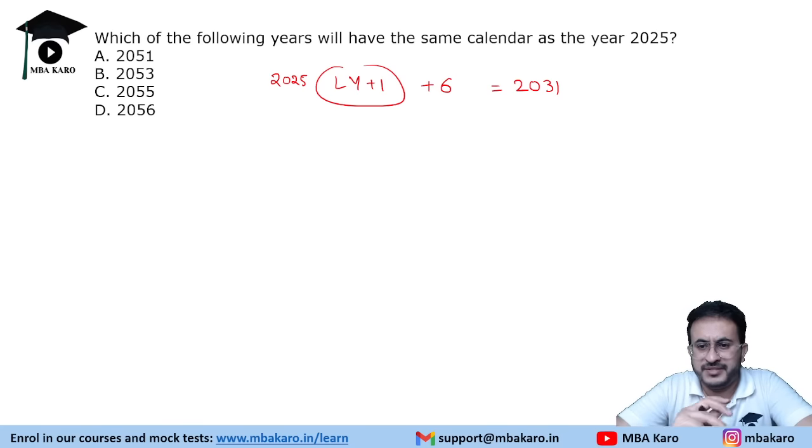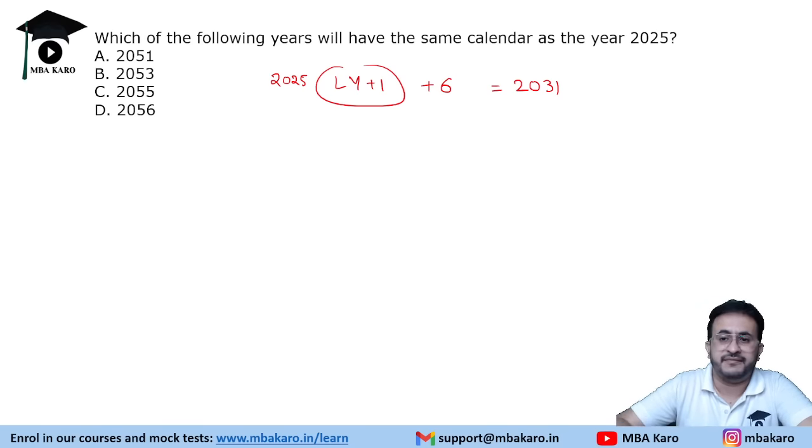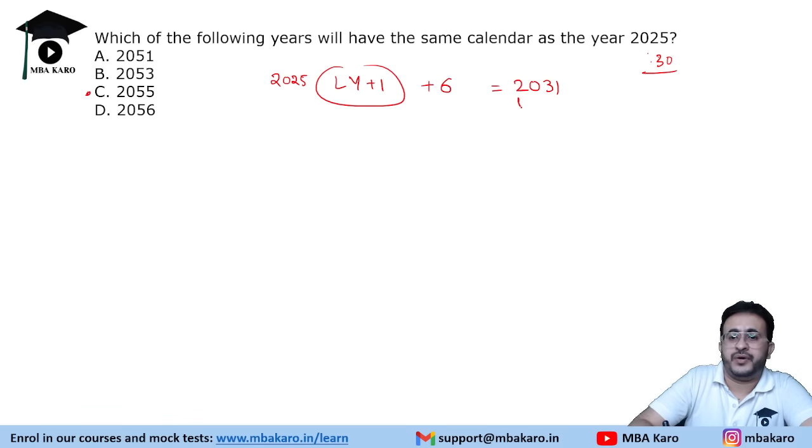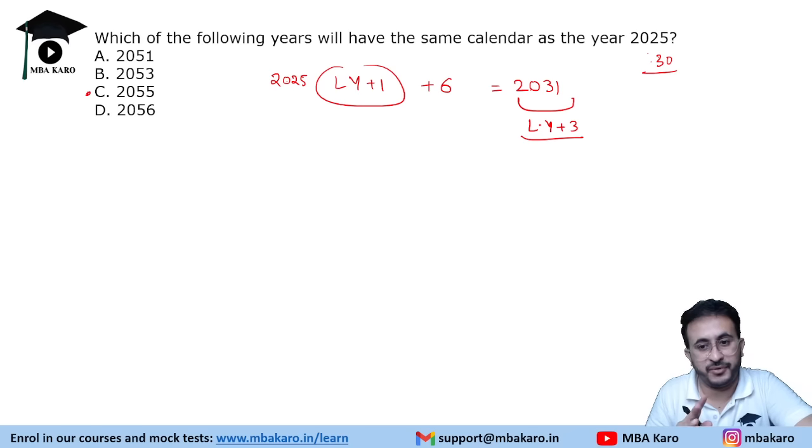Now, a possible mistake that people can make here is they will say 6, 12, 18, 24, 30, right? So some people might mark 2055 as the answer. Okay. Now, be cautious here. What is 2031? It is leap year plus 3 format. Earlier it was leap year plus 1 format, it is now leap year plus 3 format, so it will not repeat after 6 years.